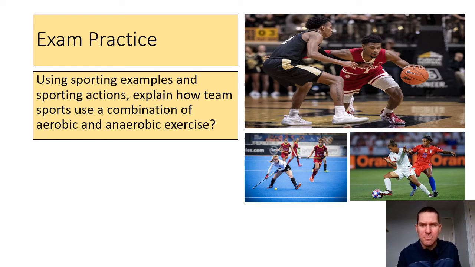In hockey, the same thing, when we're hitting that ball with the hockey stick nice and hard, we're looking again at anaerobic explosive power movements. So we've got a combination of different sporting actions that we could justify to explain when we're using aerobic and also anaerobic sporting movements, and also in terms of intensity during the course of the game.